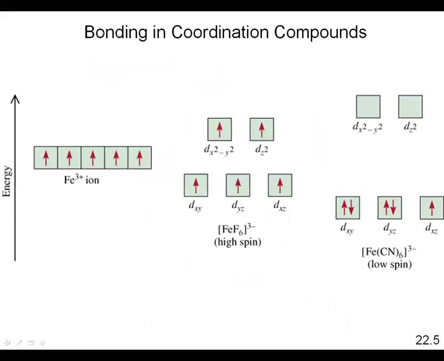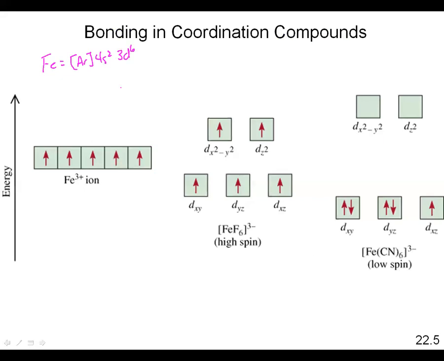And just to walk through how we get to that distribution of electrons in each of these cases, let us talk about that. First off, it really starts with iron and its electron configuration. So if you just take iron with no charge, you're looking at an electron configuration of argon 4s2 3d6.